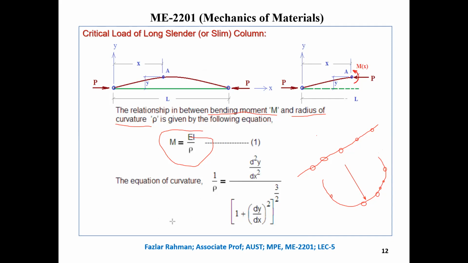So there is a relationship between slope and radius of curvature. That's why, from mathematics, we use this equation of curvature: 1 by rho equal to d square y by dx square divided by the bottom expression.